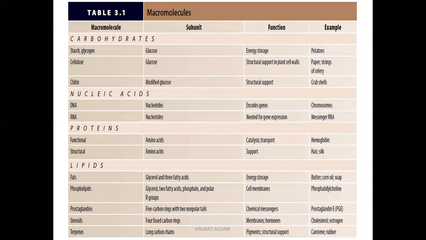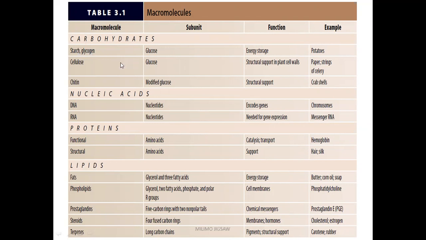So this is a table showing the macromolecule, the subunit, the function, and examples of things that contain such a macromolecule. For example, under carbohydrates, we have polysaccharides such as starch and glycogen, which are basically made of monomers of glucose.